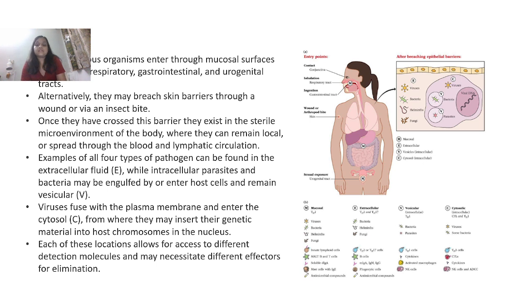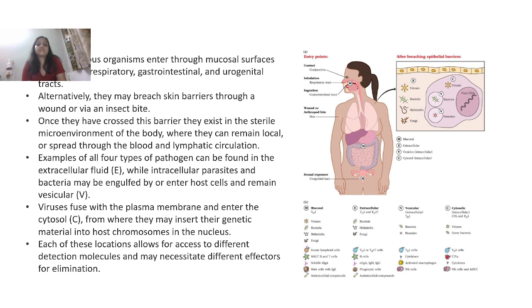So you can see different kinds of pathogens enter through different sites, and then they can kill, or synthesize different kinds of molecules, and attract different kinds of molecules which mediate the immune response.